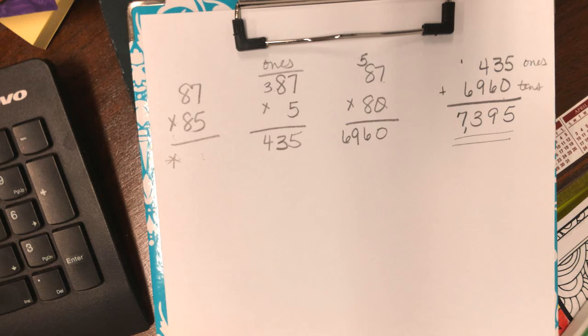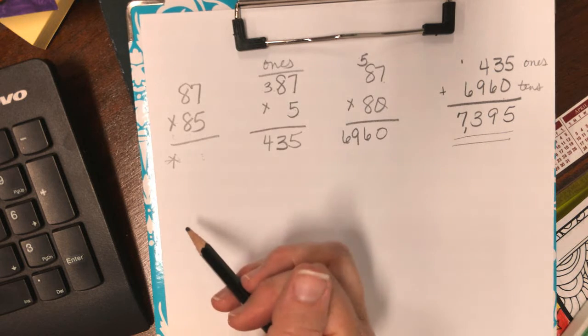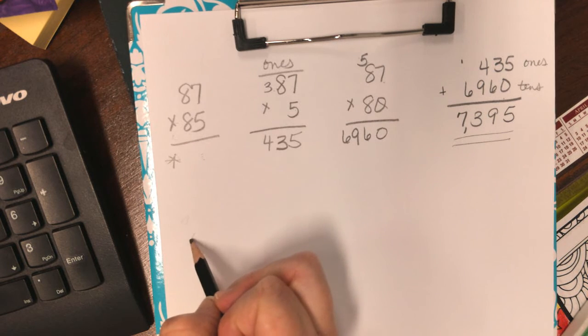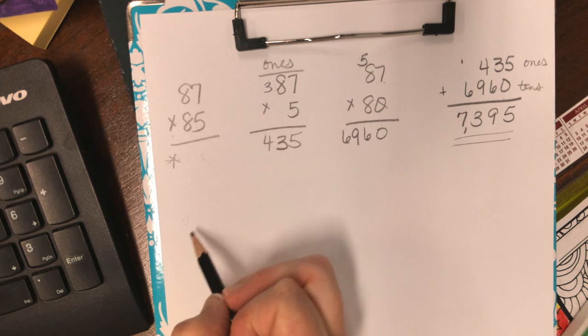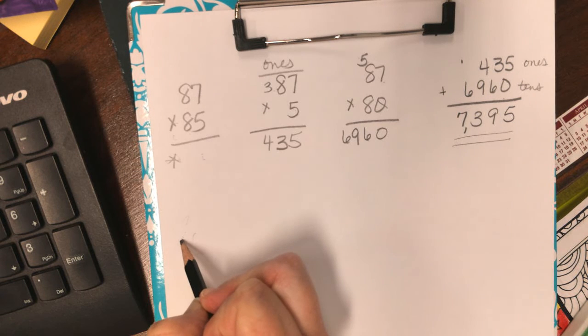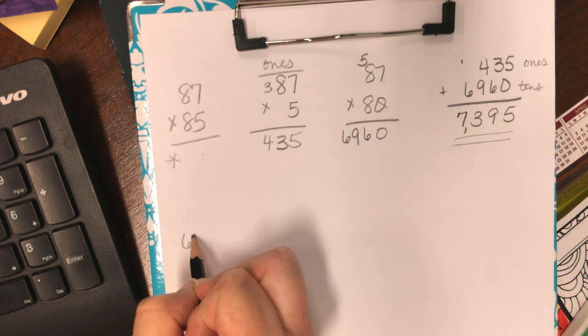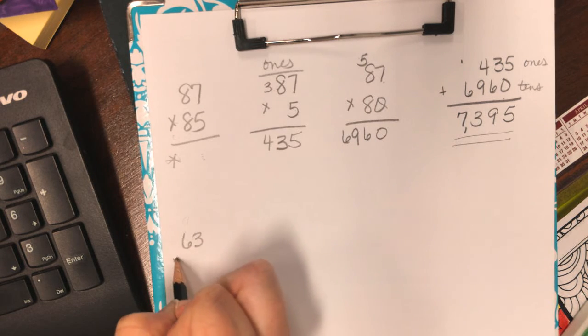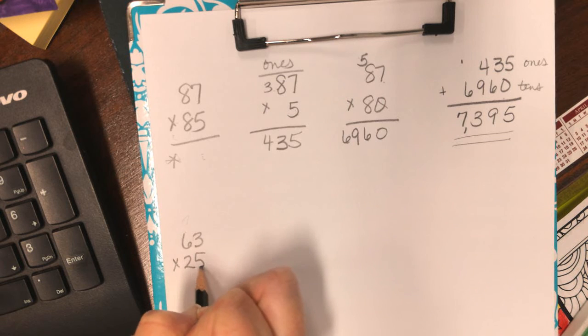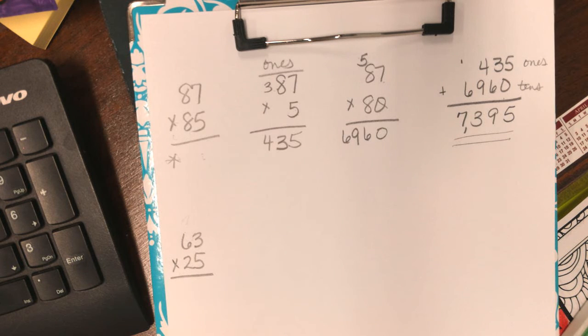Okay? So now, everybody in your book, you have to get your math journal out, Berkeley. You've got to start way over on the edge. Okay? And we're going to write 63 times 25. But we're not going to solve that problem. We're going to break it apart.